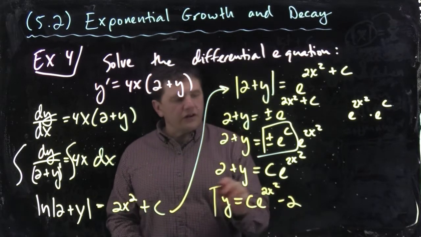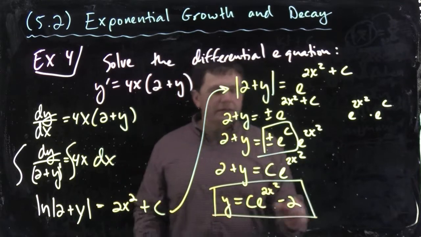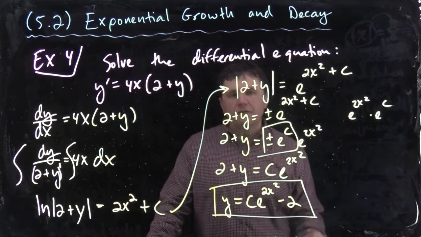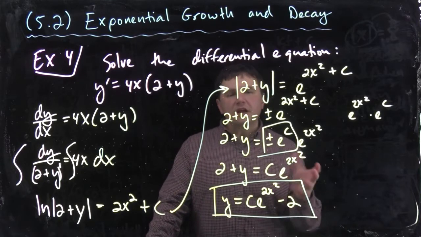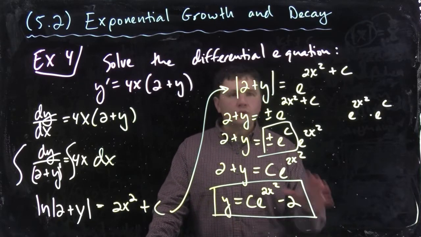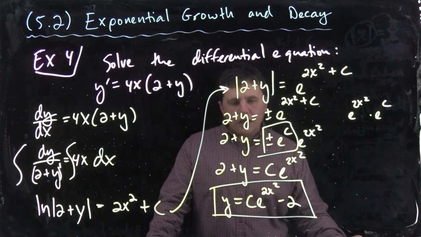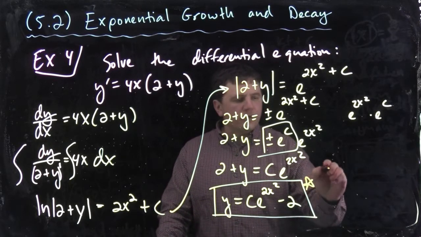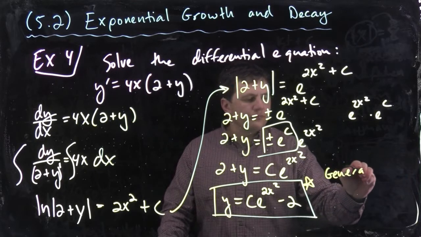So notice this is very similar to the standard exponential equation, but it's a little bit different. This is something that comes up when we do the cooling laws and things like that, but we don't have to worry too much about that right now. Now once again, this is what's referred to as the general solution.